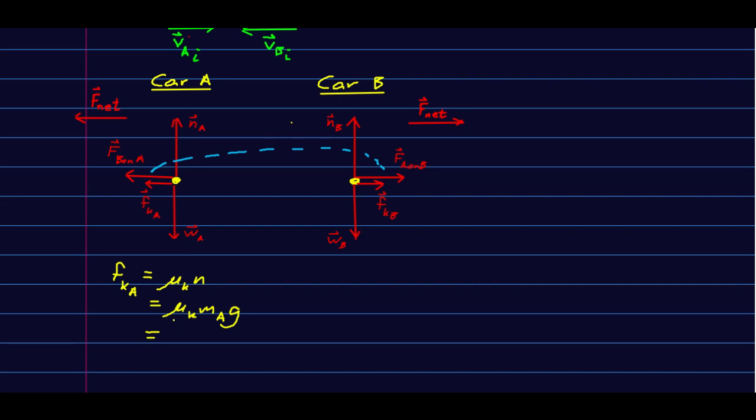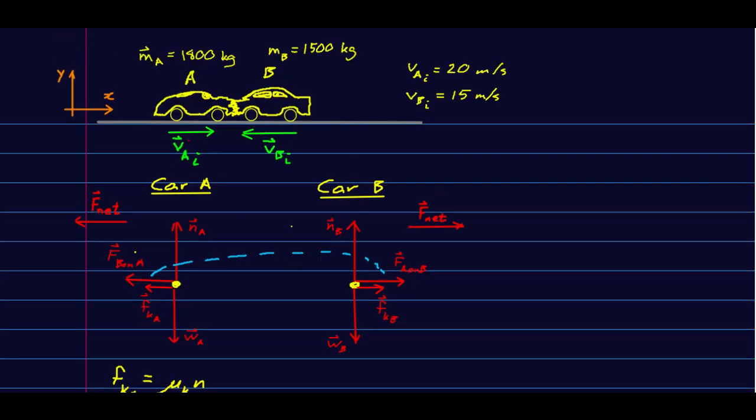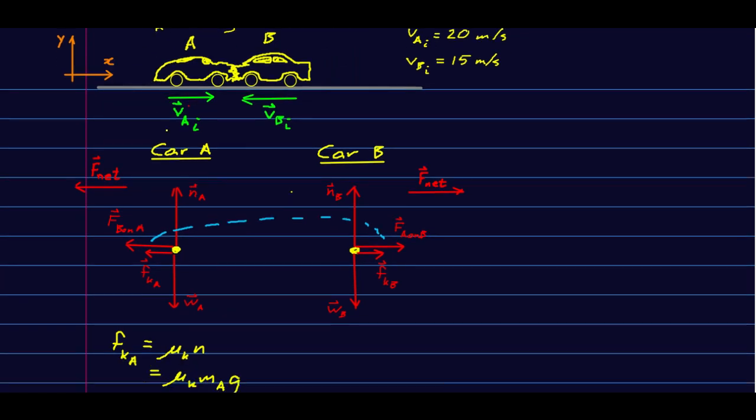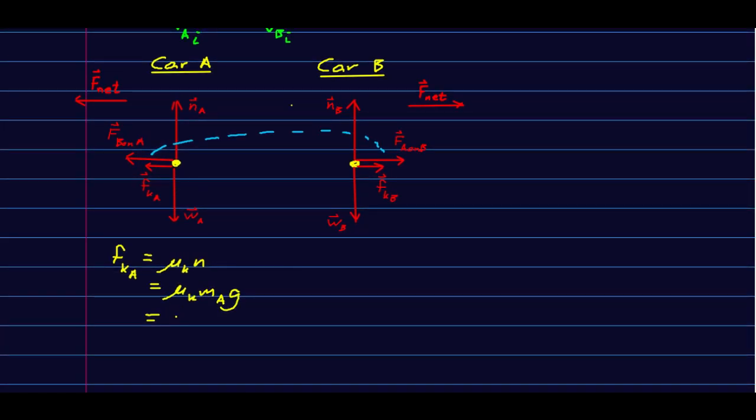And I'm going to say, well, rubber on concrete, right? I've said these are kinetic friction. These cars' wheels are locked. And so mu_k for rubber on pavement, 0.8 is fairly typical on dry pavement.